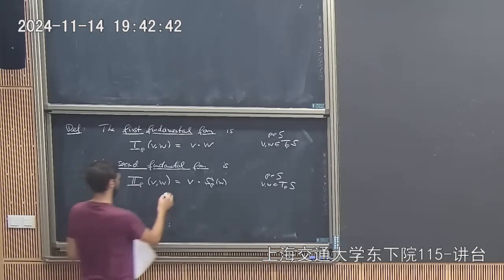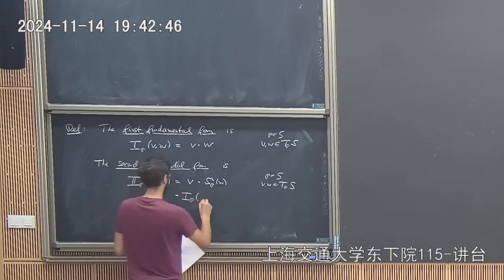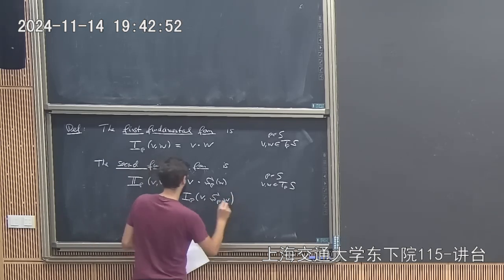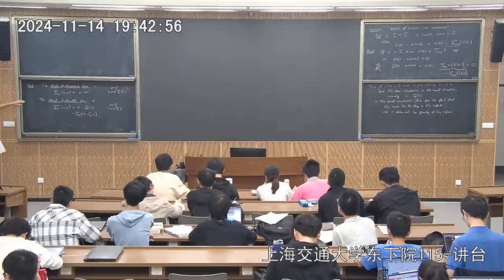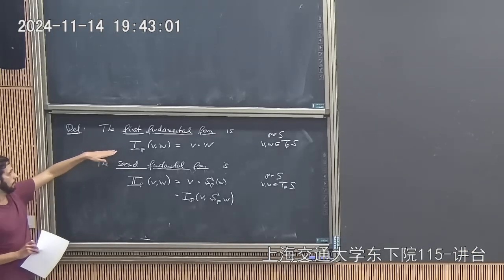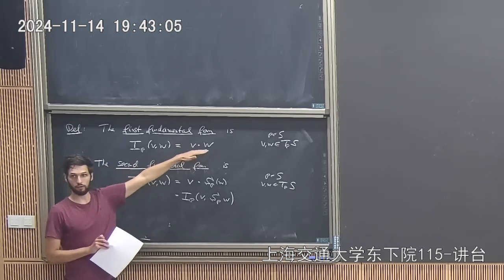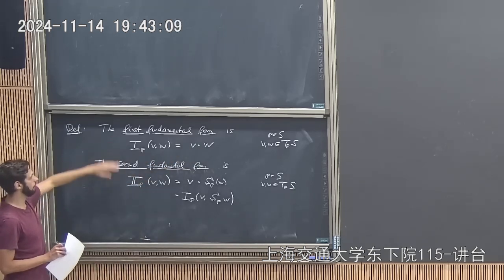And you can of course write the second fundamental form also in terms of the first one. Honestly, there's not much value in the first fundamental form, at least for this course, because it's just the inner product of two vectors which are tangent.